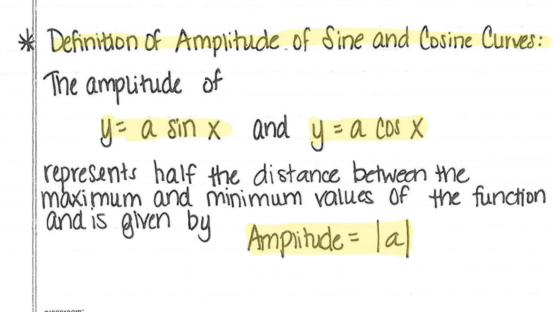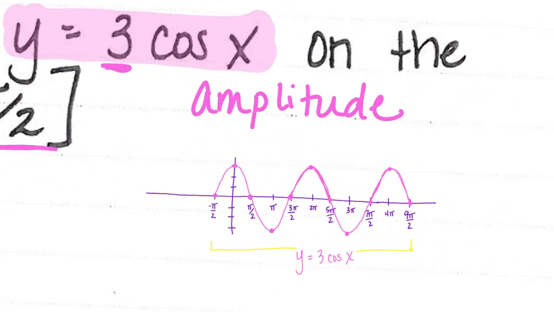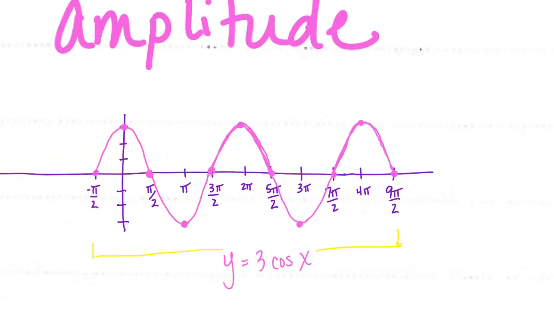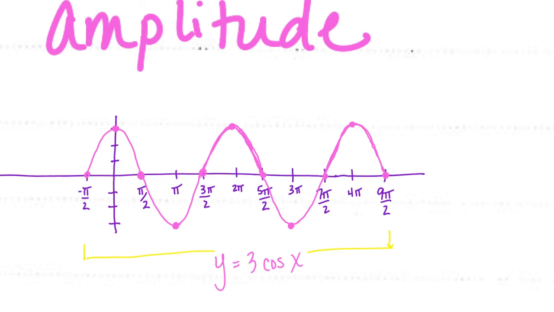So I'll never say if it's a negative 3, we start down instead of up. I would never say that the amplitude is negative 3. I would say that it's 3 because it is a distance. So we want to know that amplitude is a distance. If I was to talk about the amplitude in example 1, notice the amplitude was 3, and that is a distance.